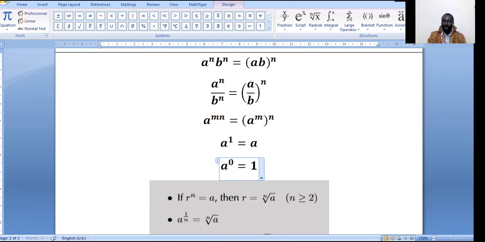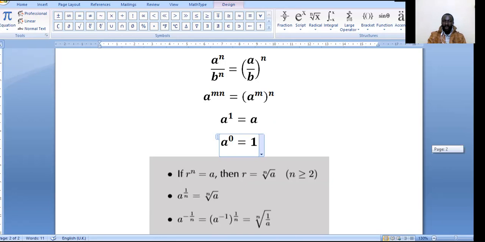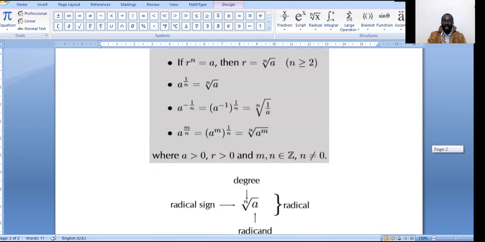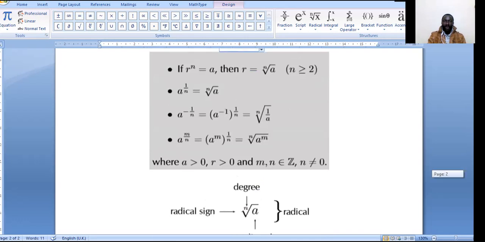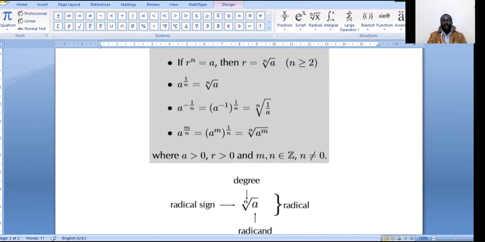The other thing you don't want to miss is the case of radicals or fractional powers, which comes with these other sets of laws. For this section, if r raised to power n can be written as a, then to find r, to make r the subject, we find the nth root of a as indicated here.